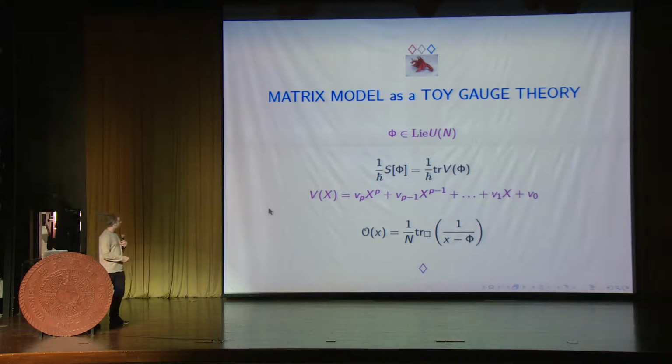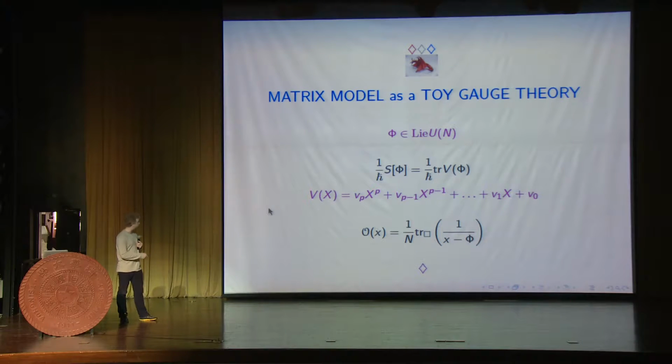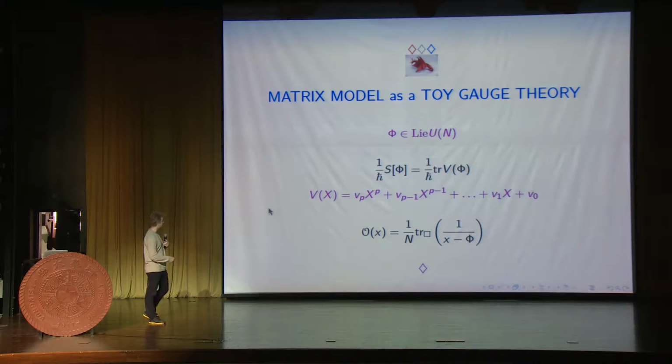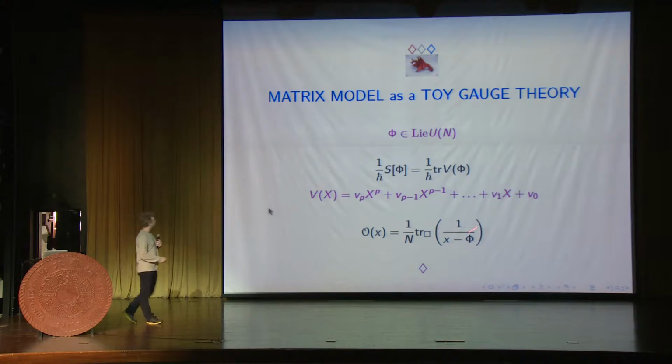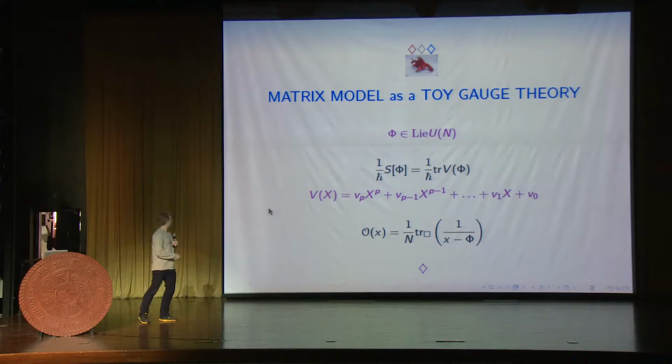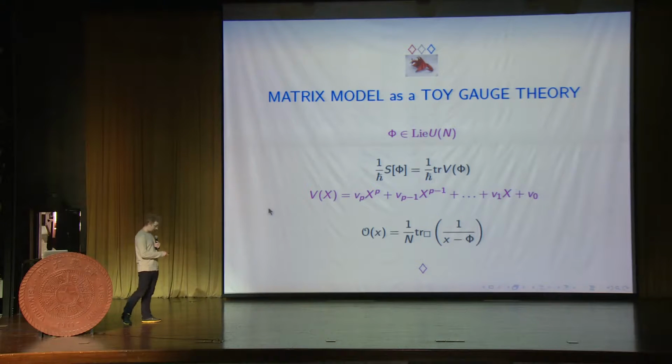And in the toy model of gauge theory, the matrix model, just a matrix integral, a more familiar, better studied case because here it's essentially solvable, instead of the Wilson loop, you use the resolvent of the matrix, trace of 1 over x minus phi. Phi is the matrix you are integrating over, and x is just an auxiliary variable. So this observable as a function of x has poles at the positions of the eigenvalues of the matrix.